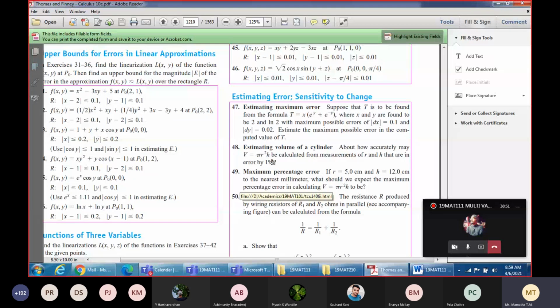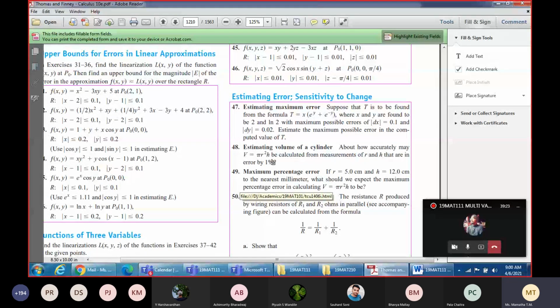The relative error and all we need not calculate. Just the total differential concept should be easy for you. Once you finish these two variables, then we go for linearization of three variables and the total differential with respect to three or more variables.